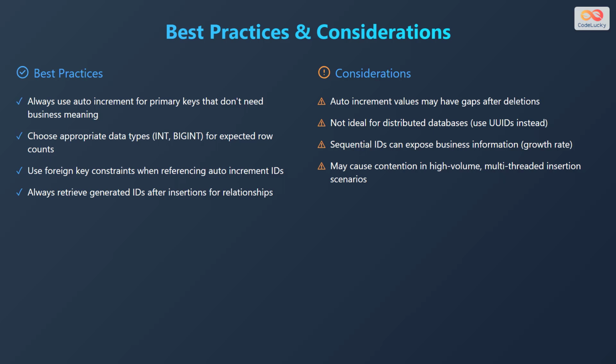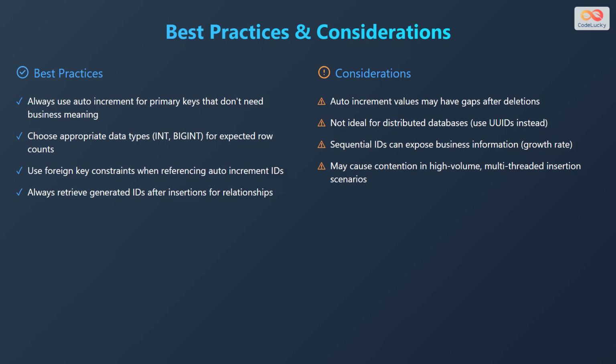Let's discuss some best practices and considerations for using auto increment. First, always use auto increment for primary keys that don't need business meaning. This ensures that the primary key is used solely for identification purposes. Second, choose appropriate data types, such as int or big int, for expected row counts. This prevents integer overflow issues as your data grows.